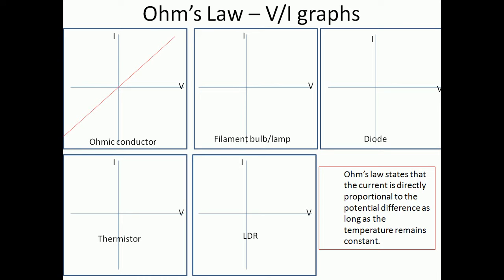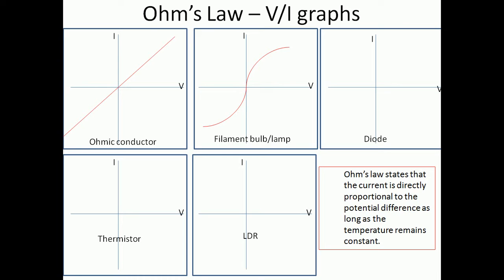Now, for your exam, there are a number of other potential difference current graphs that you need to remember, and the first one is a filament bulb. A filament bulb, or a lamp, has an interesting shape, and straight away we can see it is not an ohmic conductor, because it's not a straight line, it's a curve.